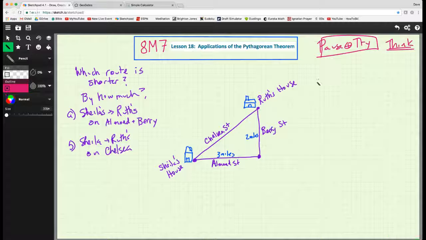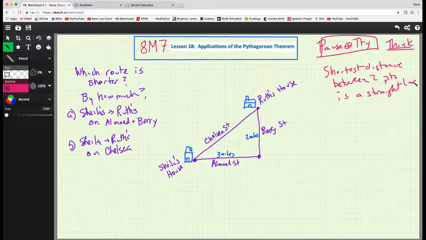Okay, well, the shortest distance between, you've heard this, or maybe you haven't, between 2 points is a straight line. So indeed, going down Chelsea Street will be the shortest direction. But how much shorter?